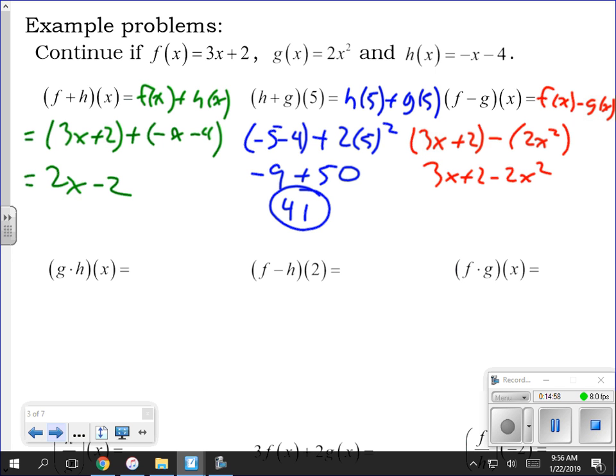And really ought to put it in standard form. Move the x squared to the front, negative 2x squared plus 3x plus 2. That should be your final answer. You're combining things up and putting them in standard form. Squares, x's, numbers.